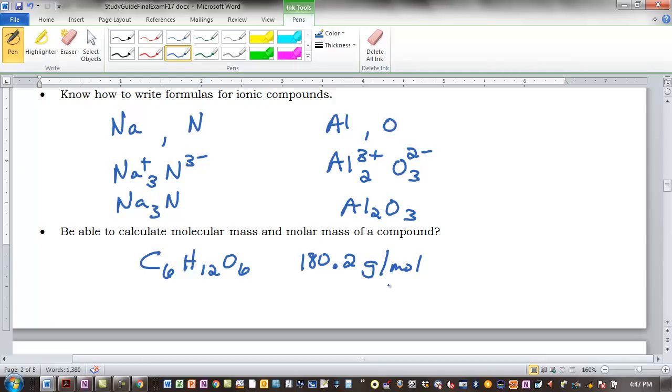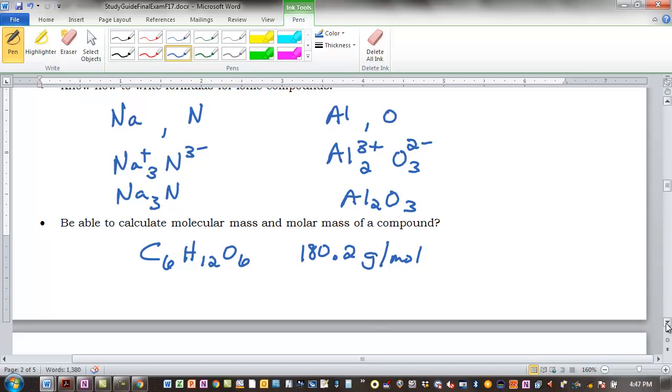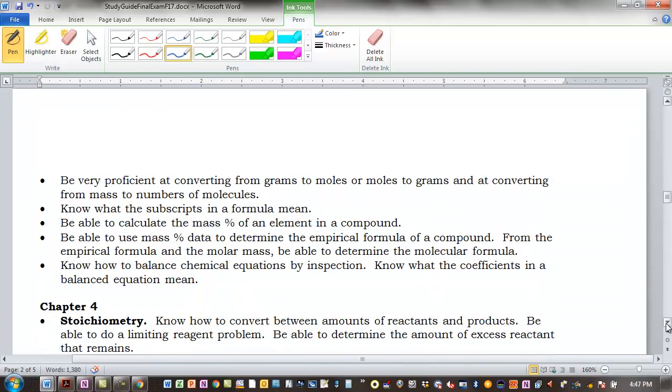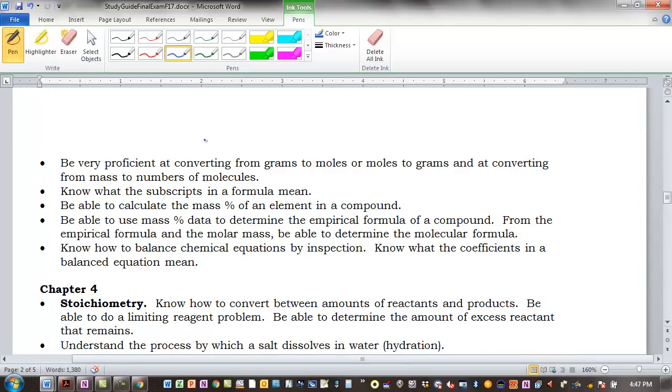Good with that? All right, let's see what else we have in chapter 3. We already did this above.